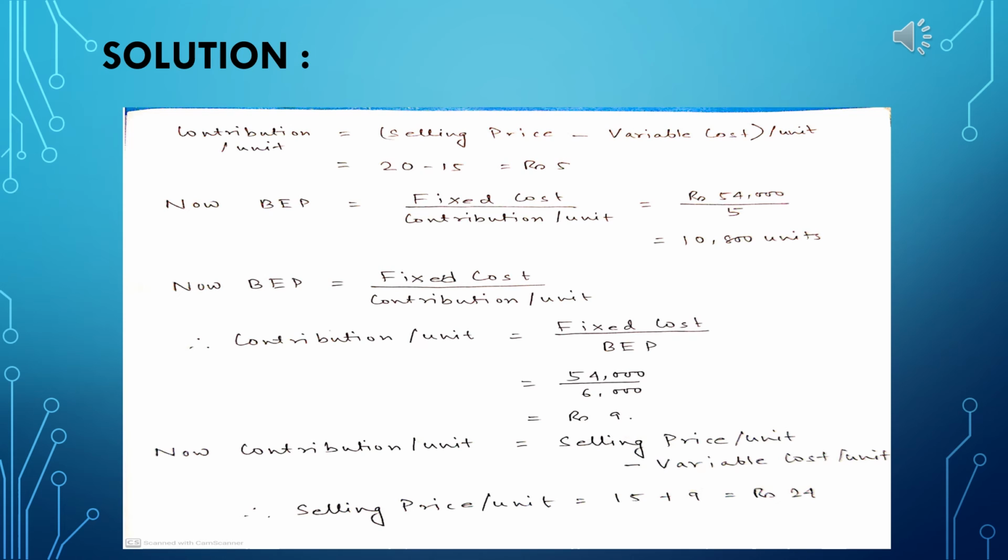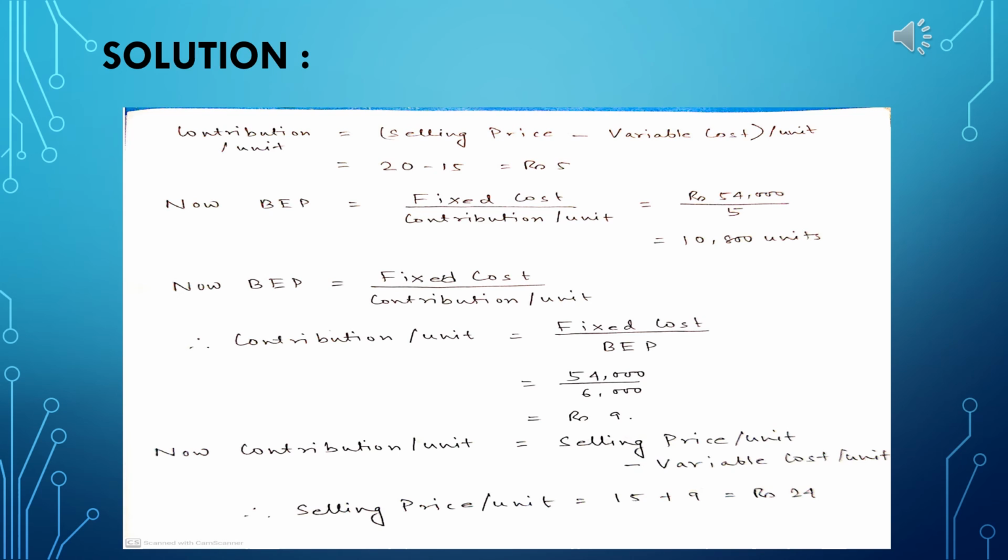If we are now taking the break-even point at 6,000 units, we are finding out the contribution. Contribution will be fixed cost divided by break-even point. So fixed cost divided by break-even point, we get the contribution per unit at rupees 9. Now we know the contribution per unit is rupees 9, and we know the variable cost per unit.